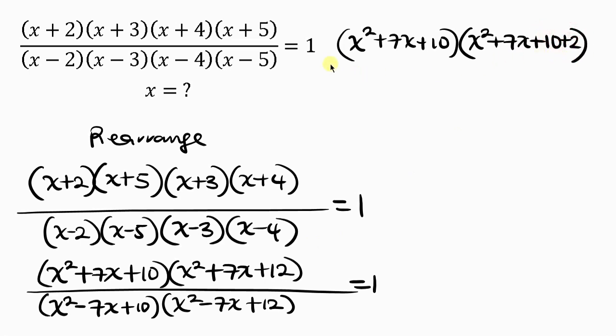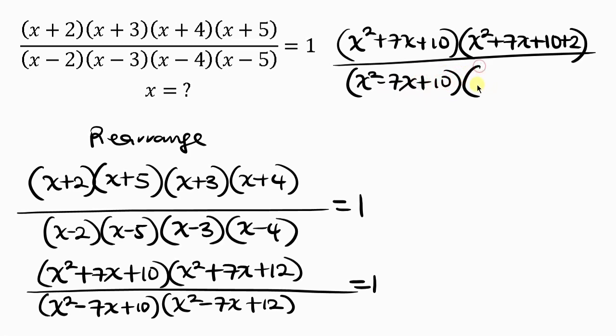See that? Very good. So all over, on the denominator, we have x squared minus 7x plus 10 times, now do the same thing here, x squared minus 7x plus, split 12 into 10 plus 2. And this is equal to 1 on the right hand side.